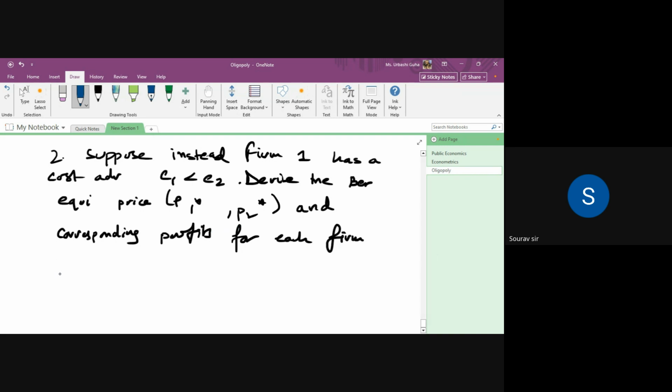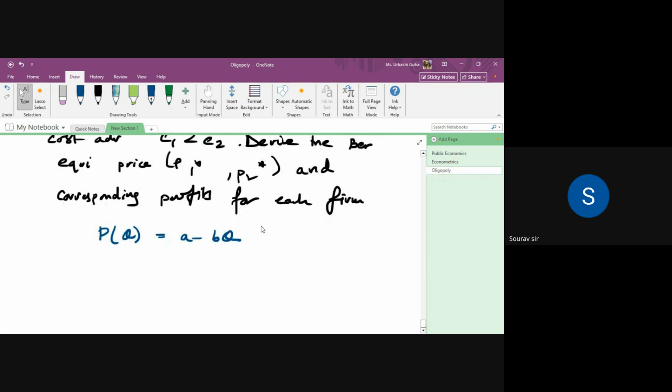So here the question is given. So what we know, the Bertrand is with a linear demand. So P(Q) is equal to A minus BQ. Here two firms are selling a homogeneous good with unlimited capacity. As we do, we have to go with the assumptions. And cost is marginal cost, and there is no fixed cost.